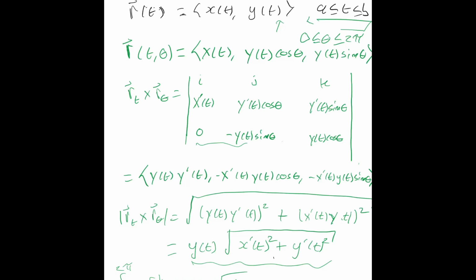But notice that the integrand doesn't involve theta, so we end up with 2 pi times the integral from t equals a to t equals b of y of t times the square root of x prime of t squared plus y prime of t squared. So this is one way to derive a formula that you might have seen before. Sorry that my writing goes off the screen, but it's just what I told you it was.